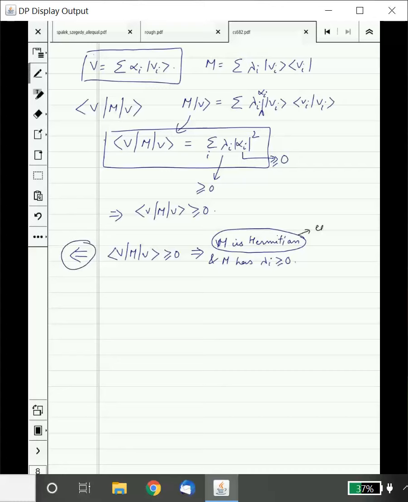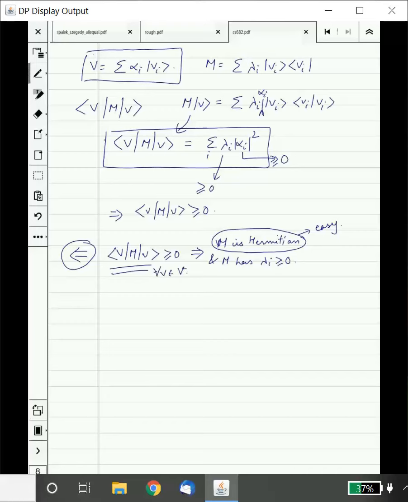The way to prove it would be to show that if M is not Hermitian, then you can find a v such that this quantity is not even going to be a real number, so it cannot be positive. I will leave that proof to you, but that is something which you can construct. So if M is not Hermitian, then this condition cannot be true for all v.